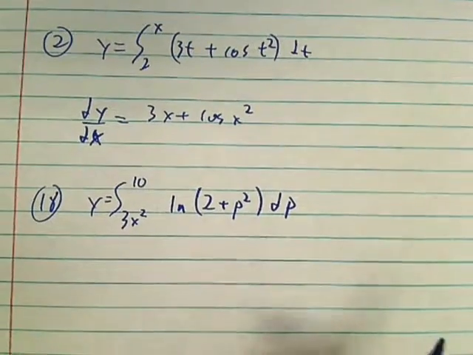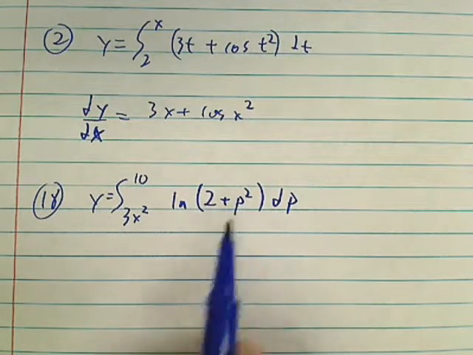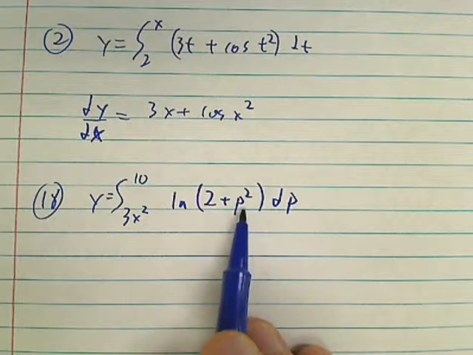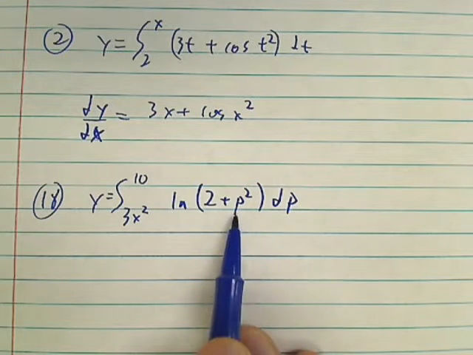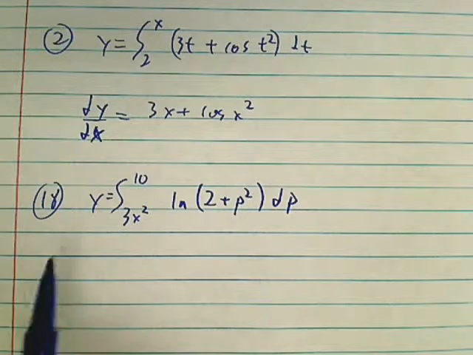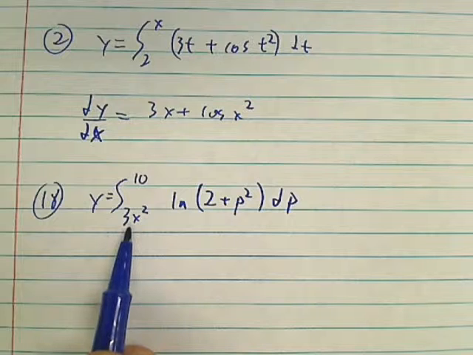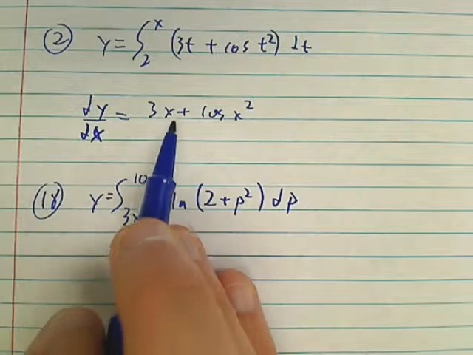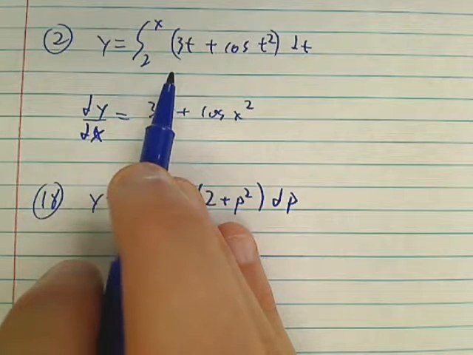Remember, this variable inside here is a dummy variable. It doesn't matter, that is going to go away. They used t above, you could use x, whatever. So now it's again saying find the derivative, find dy dx. Well, the first thing I need to do is change this around a little bit so it looks more like my function there.